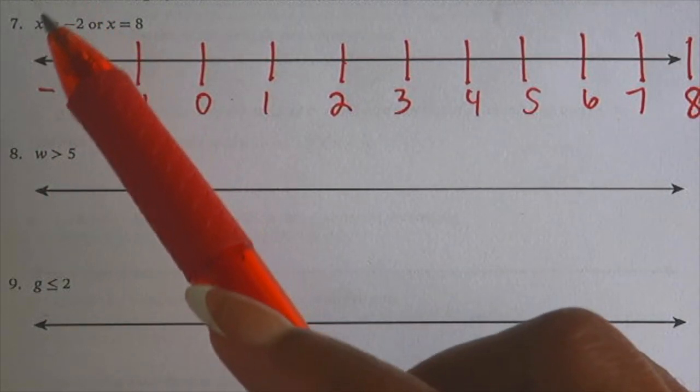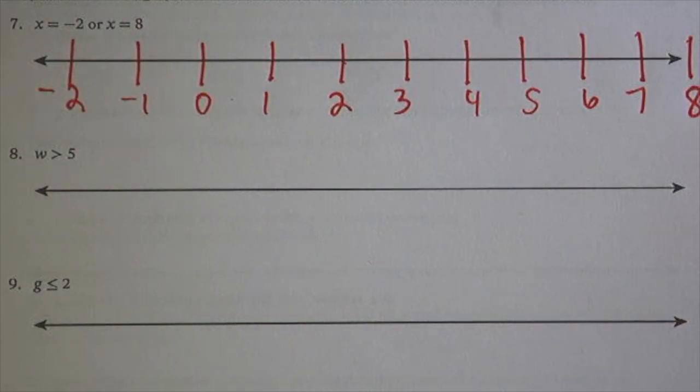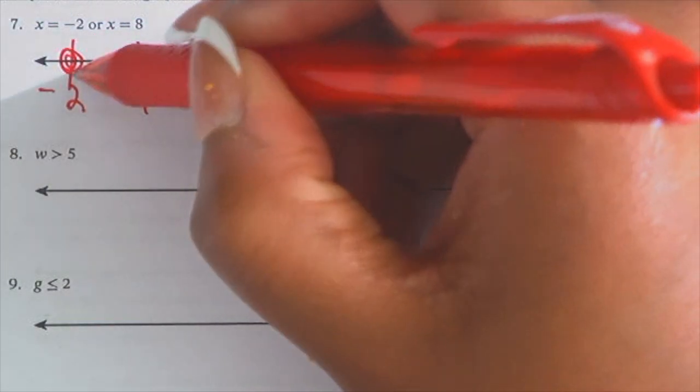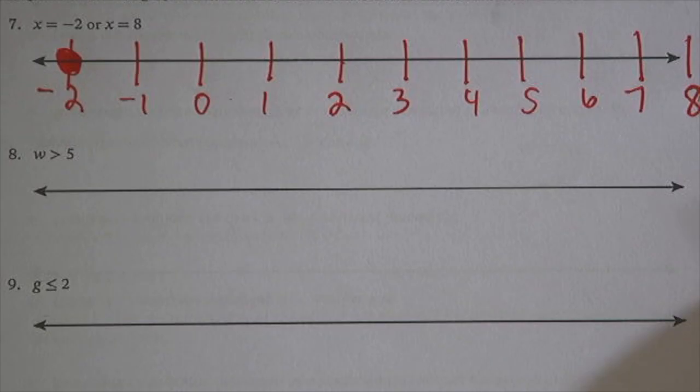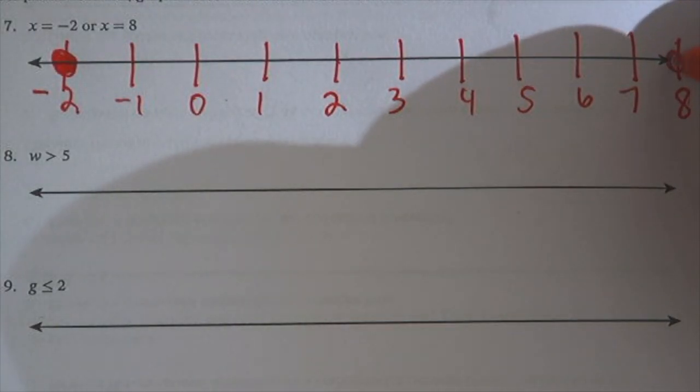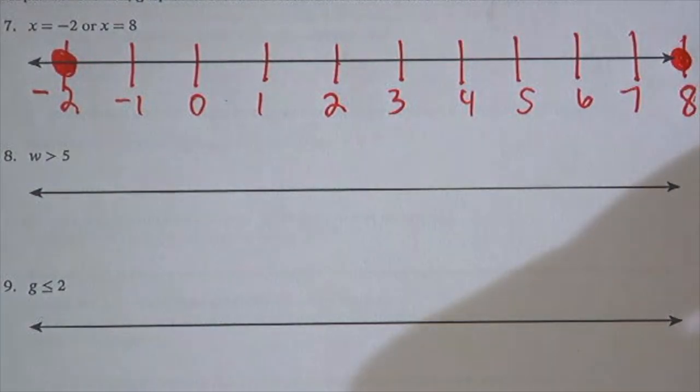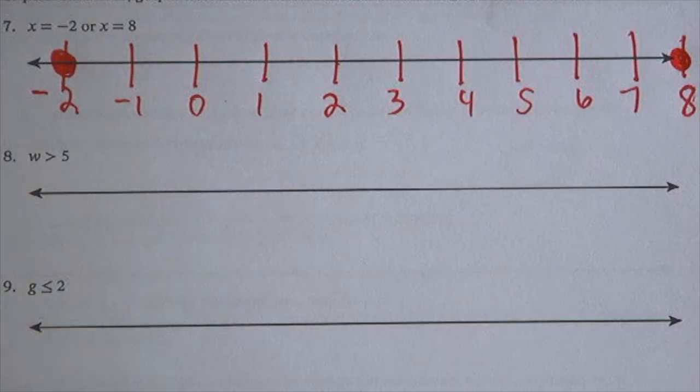So since we have x equals -2, that means -2 is included in the solution. So it's a closed point. And we have x equals 8, which is also an equals, so that's included, which is a closed point. We just made a compound statement.